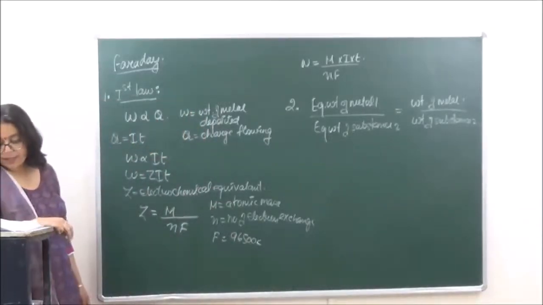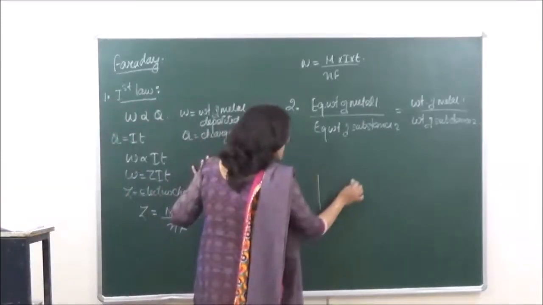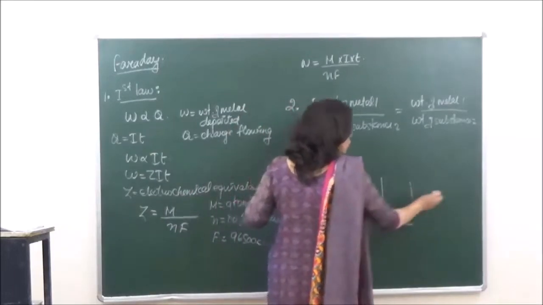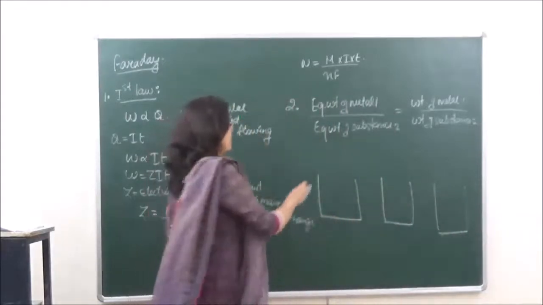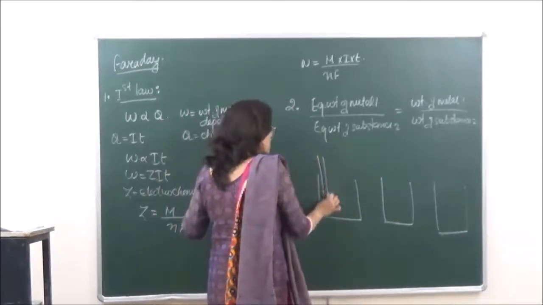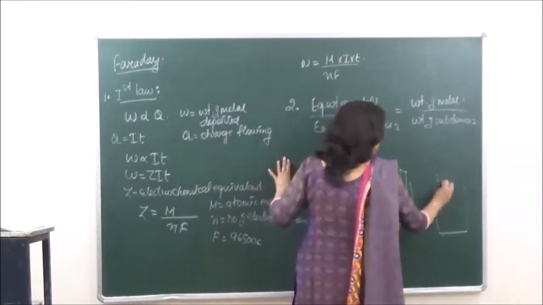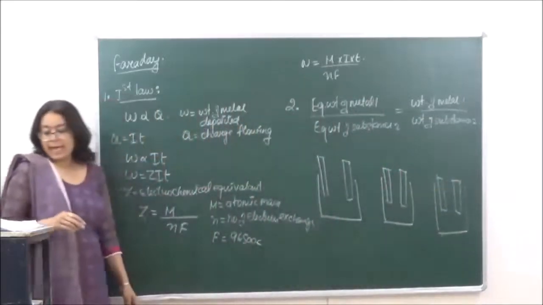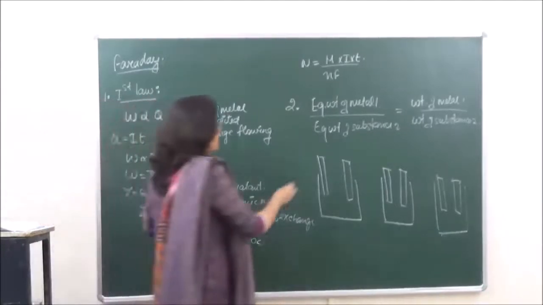Let's take an example. We are taking 3 cells in series: 1, 2 and 3. We have placed 2 electrodes in each of the cells, and then we are connecting them through a battery.